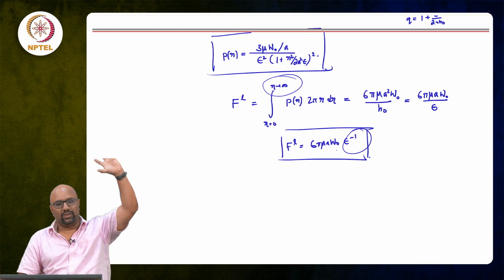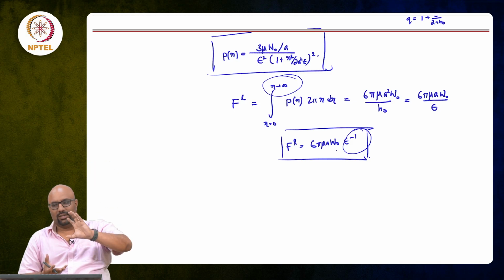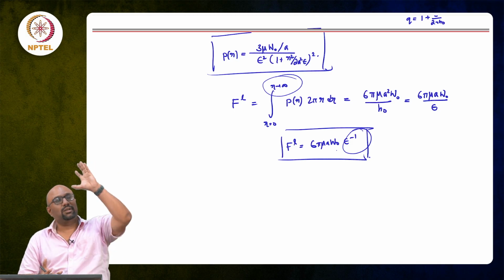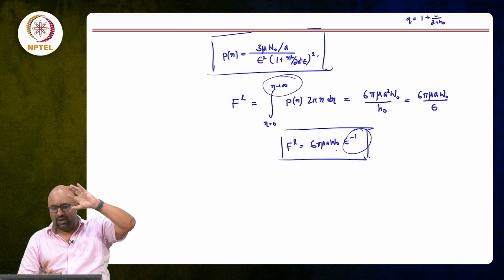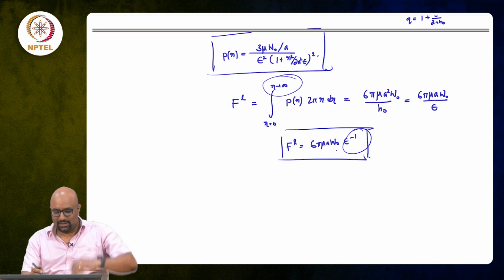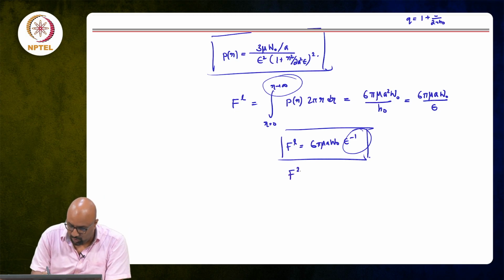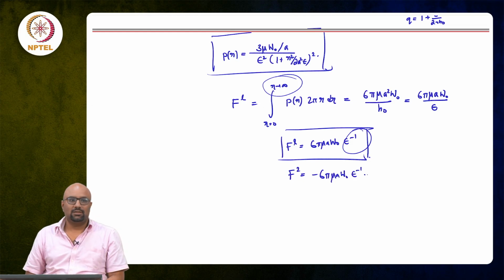You have a sphere moving with velocity w close to the second sphere, which is held stationary. So, now let us say I am trying to find the drag force on this sphere. What I have found is that the drag force it experiences on the second sphere, if I write F2, is minus 6 pi mu a w naught epsilon inverse.